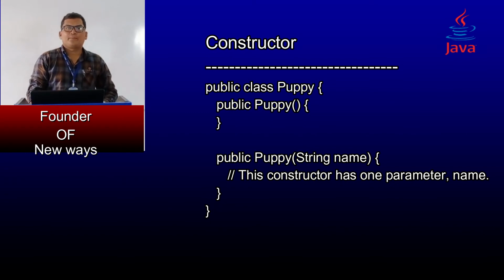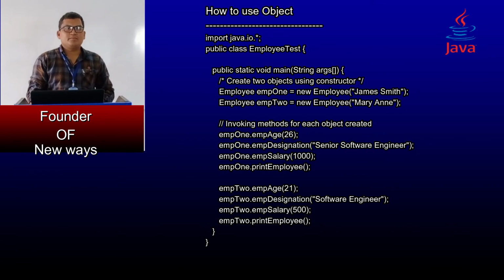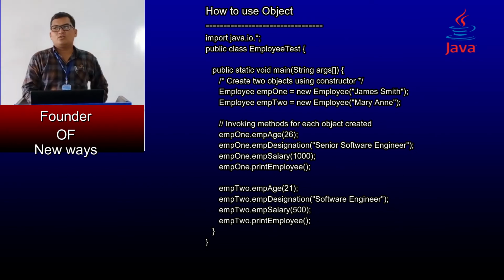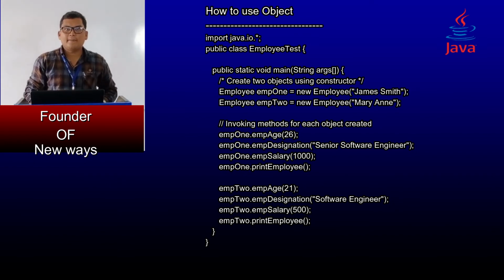Okay, creating an object. As mentioned previously, a class provides the blueprint for objects. So basically an object is created from a class. There are three steps when creating an object from a class.